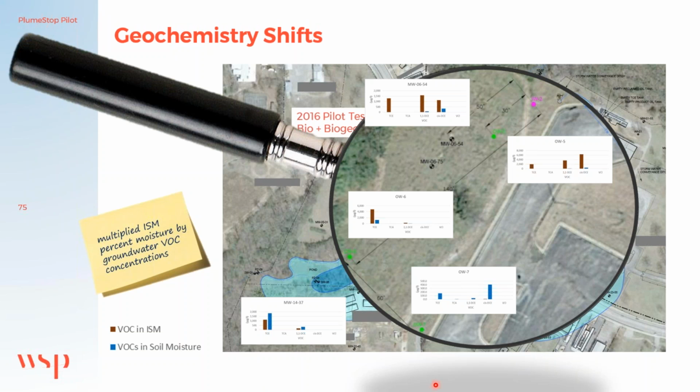Closer to the source area, we can see that the concentration in the sorbed phase is much, much higher than would be predicted if the VOCs were only attributable to soil moisture. Effectively, the PlumeStop increased the KD of the surrounding soil, of the sand matrix and the fracture faces through which it flowed.